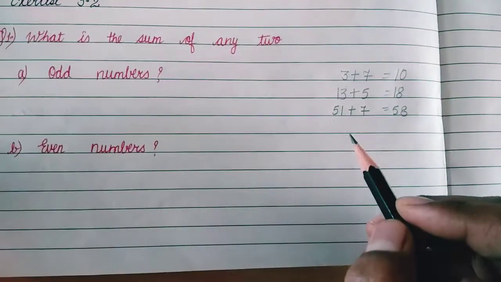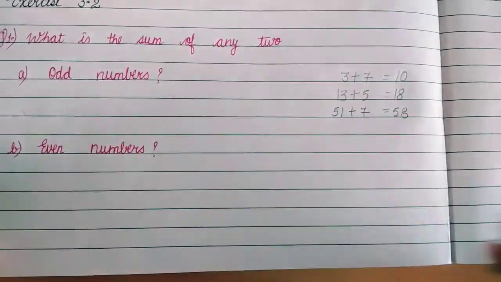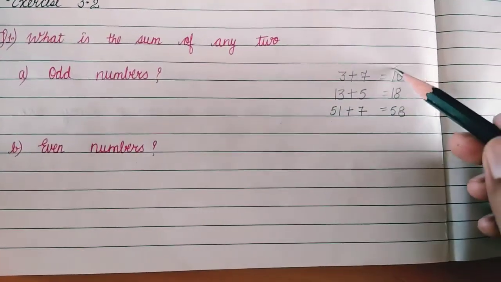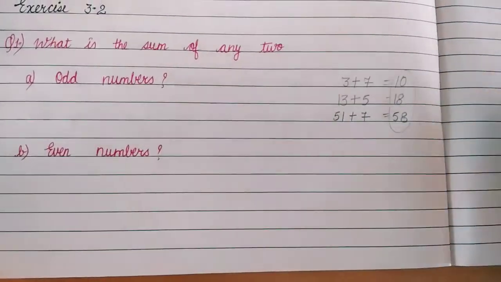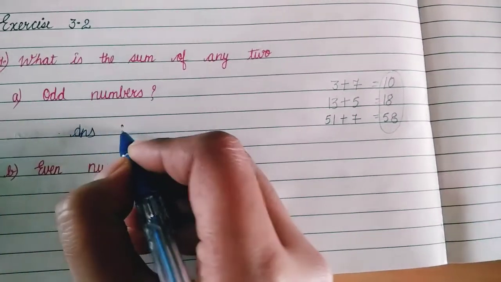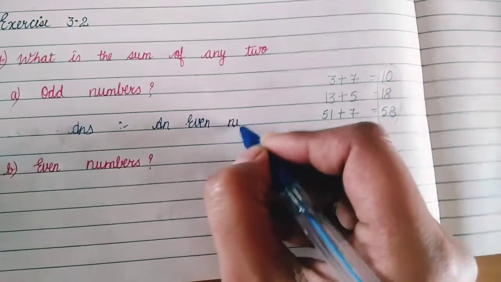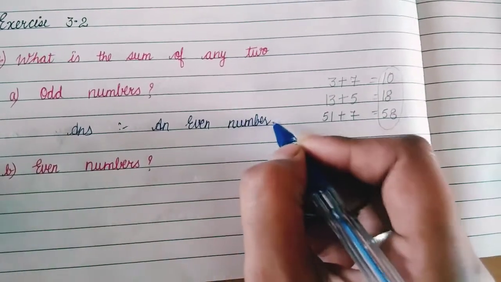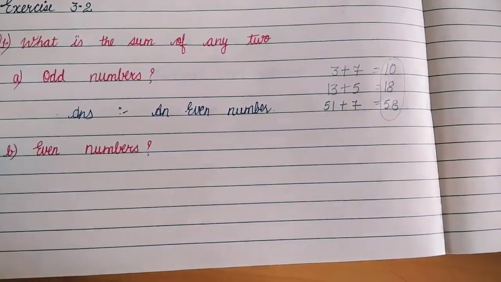You can see we took odd numbers and their sum comes in the form of an even number. So whenever we add any two odd numbers, their sum is an even number.